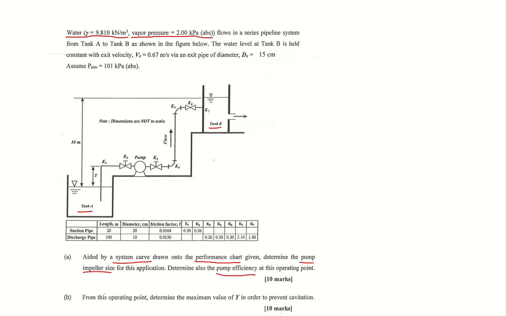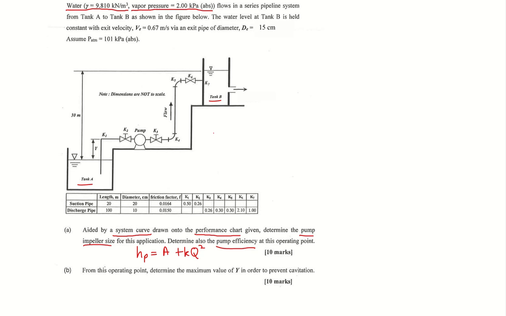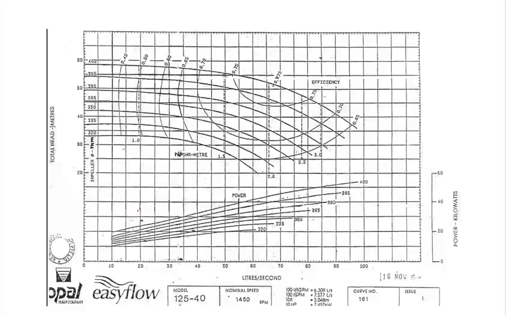So to draw the system curve, you need to have an equation. So the equation is HP equals a constant plus another constant times Q squared. Because on the chart, there's an x-axis with Q, which is the flow rate in liters per second, and the y-axis is the total head in meters.